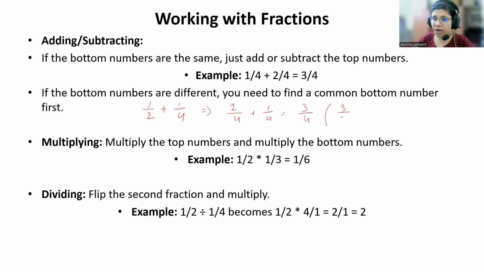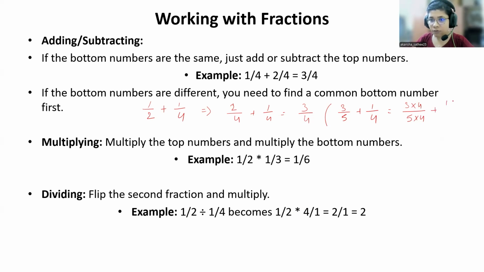Let's say 3 by 5 and 1 by 4. What will be the common denominator for both of them? You just multiply 5 by 4 and 4 by 5. Can I do this? 3 into 4, 5 into 4, right? You can divide and multiply by the same number.